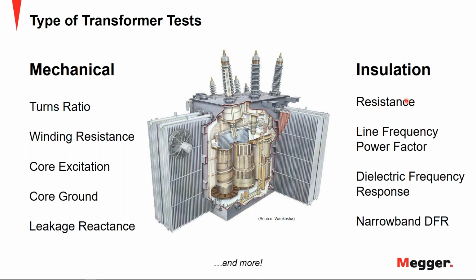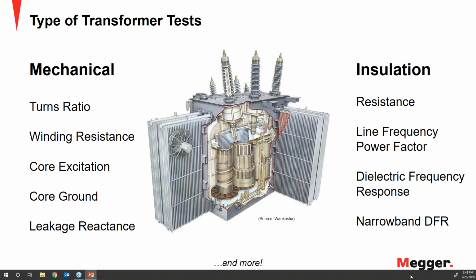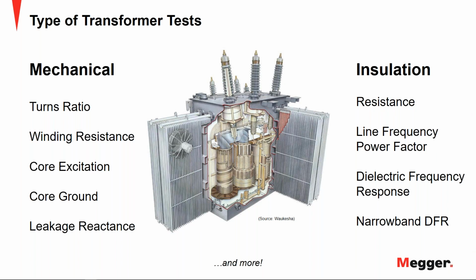So based upon what kind of transformer you have, there are various standards out there. IEEE, IEC, and NETA ATS and MTS standards list what field tests you can perform based upon the type of transformer you have, dry type or oil filled.